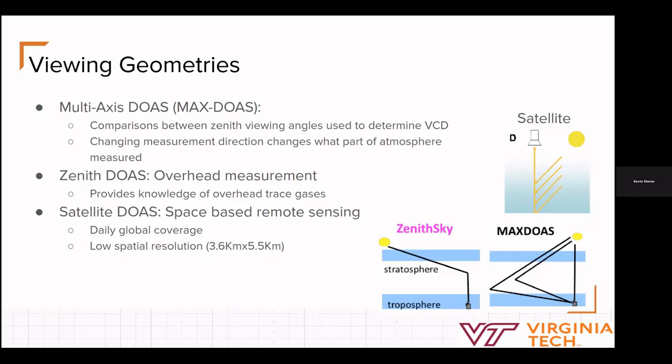However, issues are run into, particularly in urban environments and other industrial locations where there is a large number of potential sources present, which can complicate these measurements such that satellite-based measurements aren't necessarily able to resolve specifically what is causing the high amounts of emissions seen in these areas.